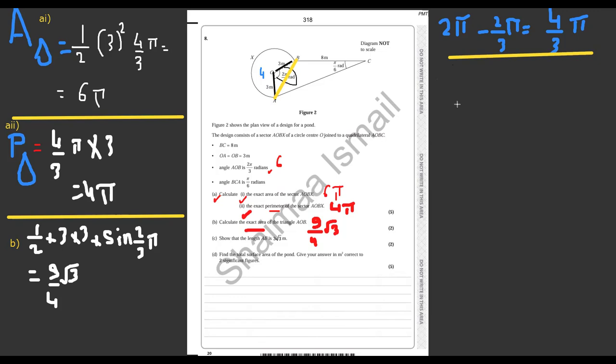So we apply the rule here. The sine rule, I should say, AB, the missing part, over sine 2 over 3 pi will be equal to 3.